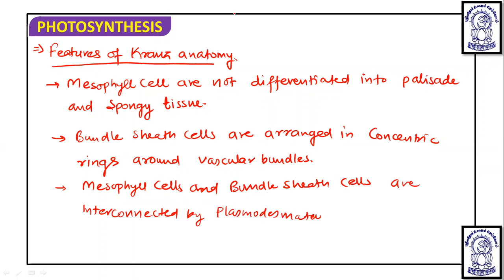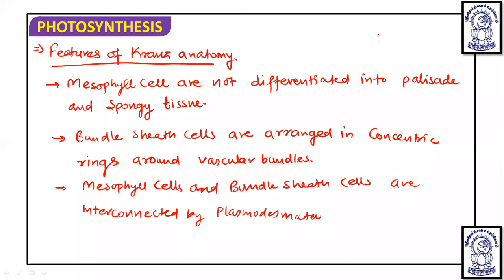We know that plasmodesmata are cytoplasmic connections between adjacent cells. Suppose this is the mesophyll cell and this is the bundle sheath cell; they are connected by plasmodesmata.